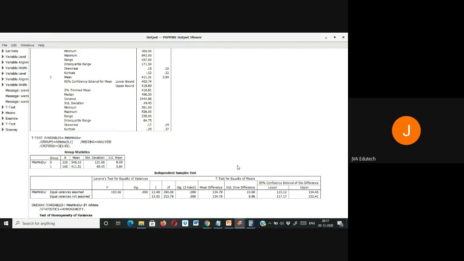No. Sir, the mean difference is the same between the two. 15.05. No, not at all.